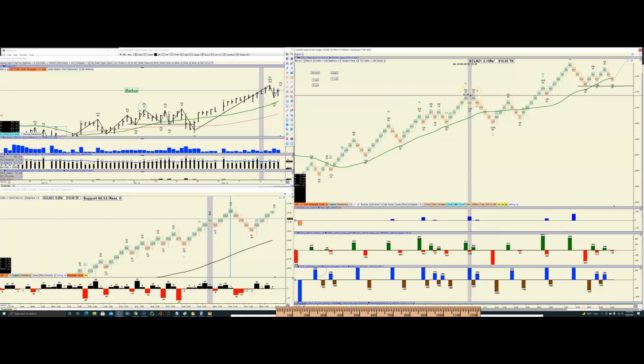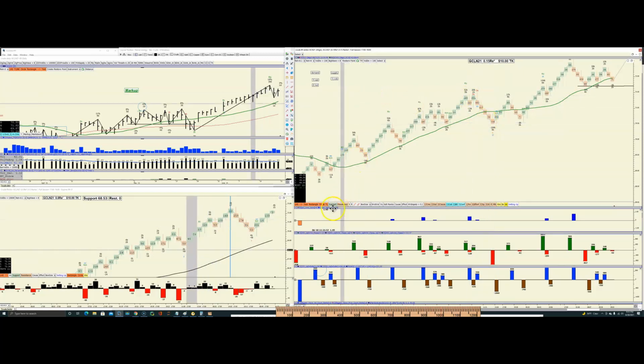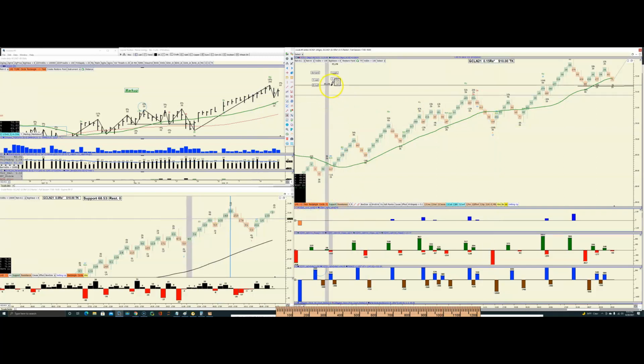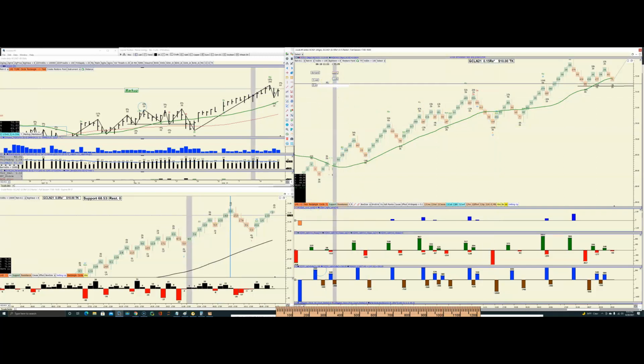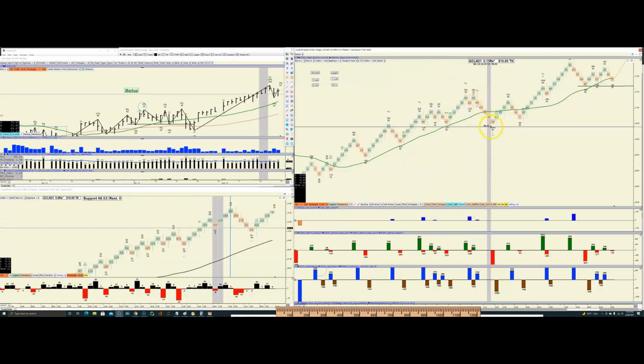Okay, so we know that, and selling does come in. But remember this, selling doesn't mean jack unless it makes lower lows. So over here, all it did was go back to support.